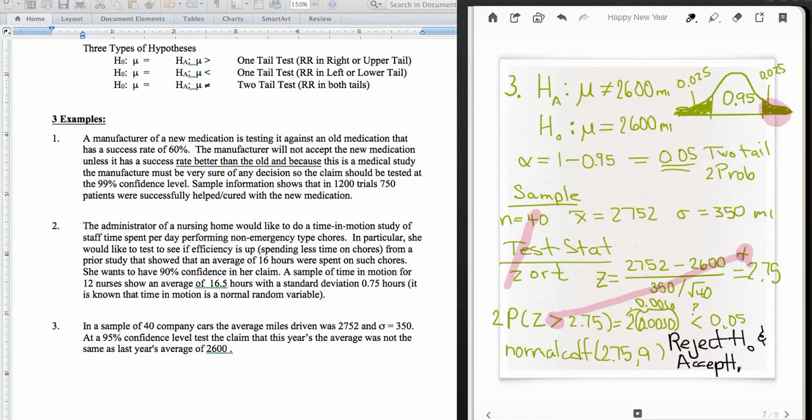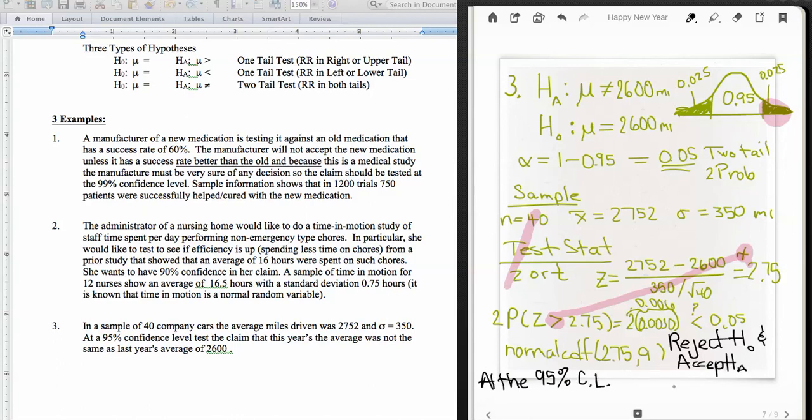Now our conclusion, the only difference in our conclusion is that instead of not having enough evidence, we have enough evidence. So if you're going to say alpha, you would use the significance level of 5%, even though it's a two-tail and each tail is 0.025, but I'm going to use confidence level.